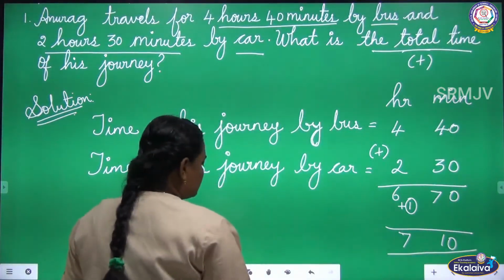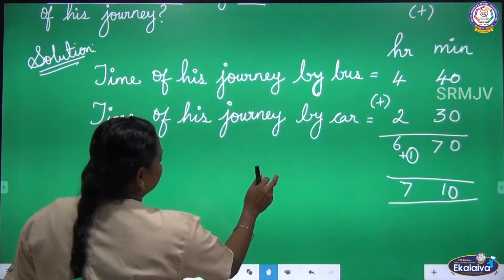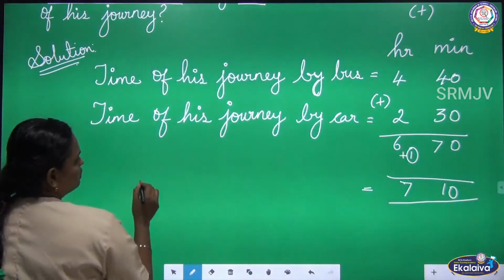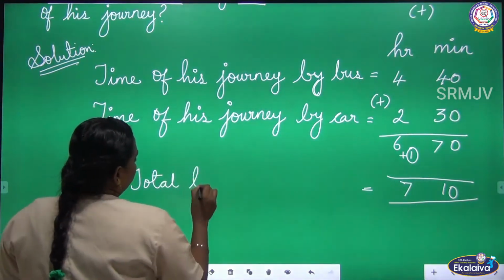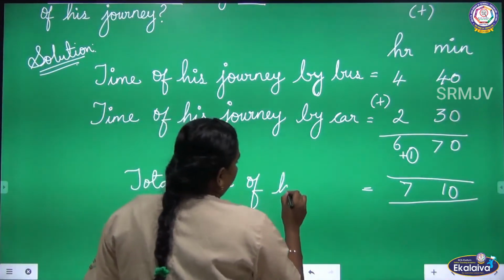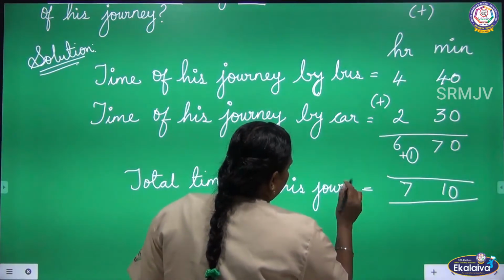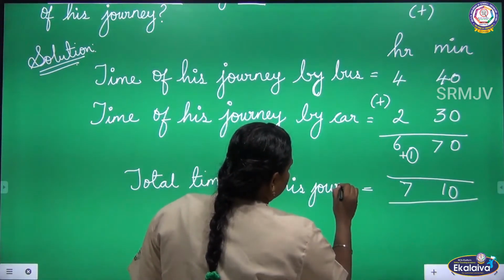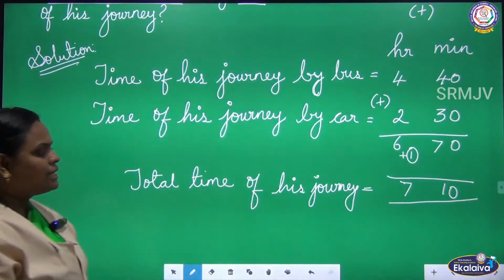So, tell me what is the total time? Total time of his journey equal to 7 hours and then 10 minutes.